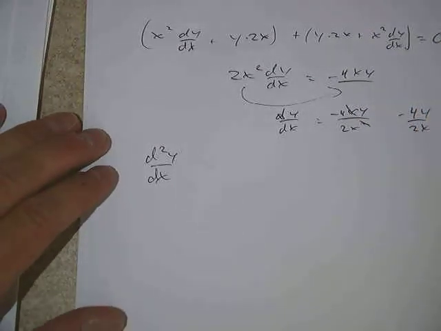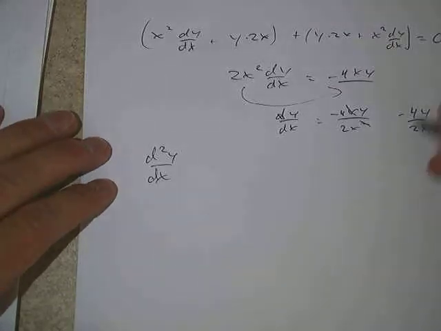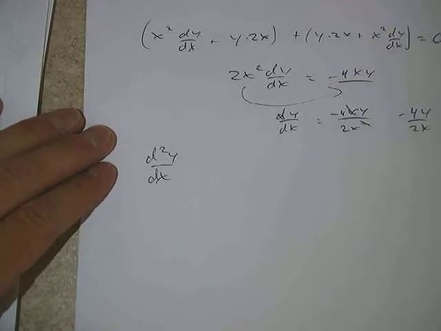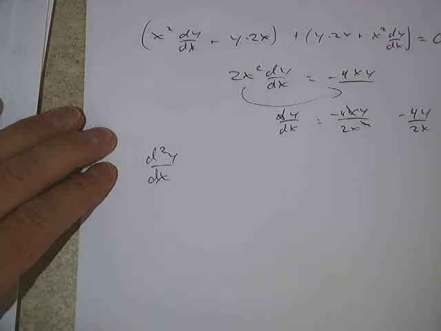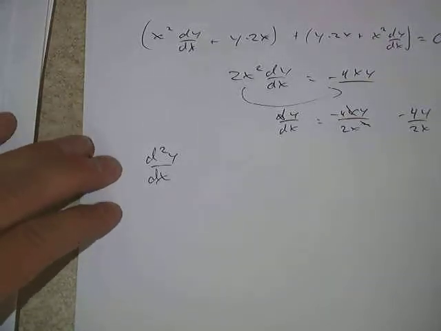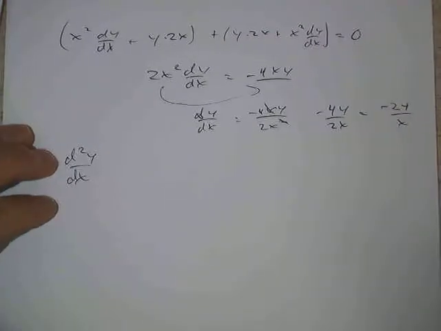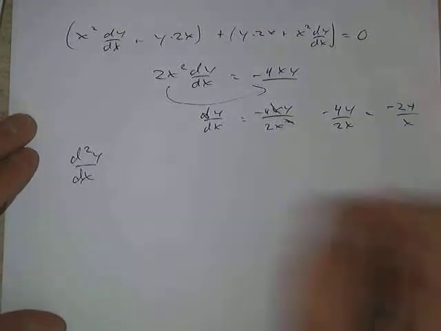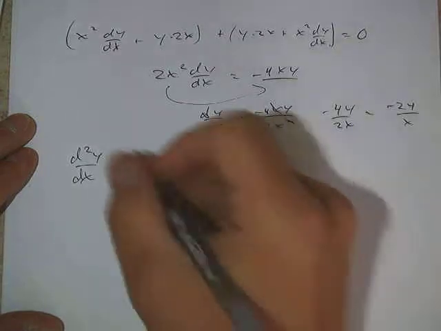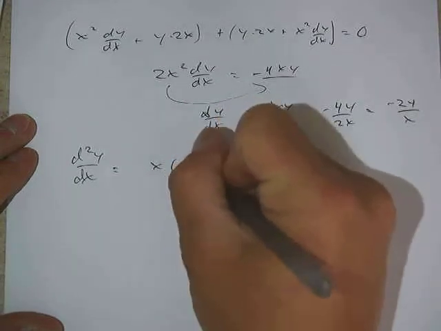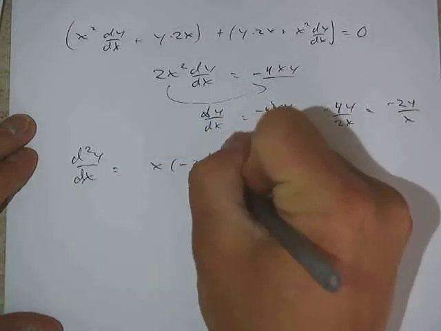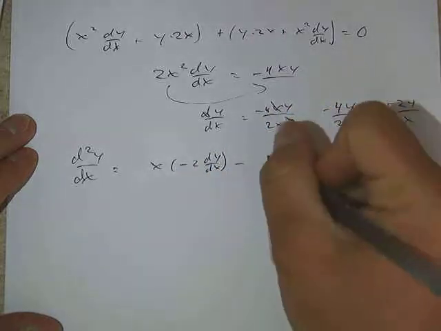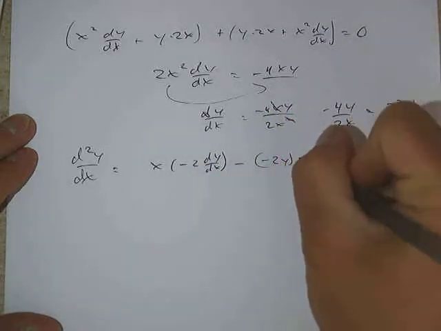And from there, that would be our derivative. Once we have our derivative, now we need to find the second derivative. So ultimately negative 4y over 2x, I guess. Make it easier to deal with. You like negative 2 over x? How about negative 2y over x?